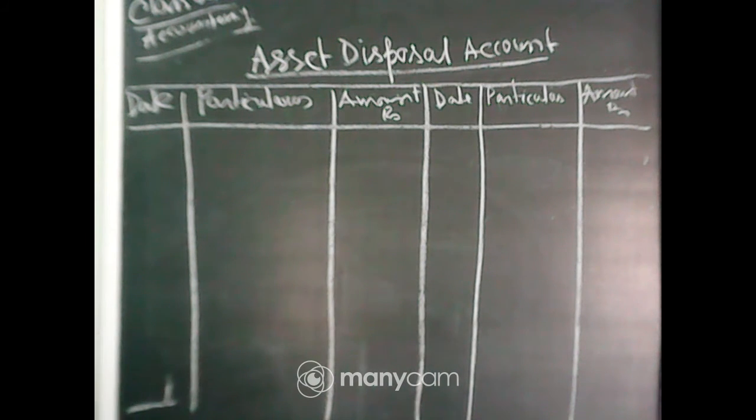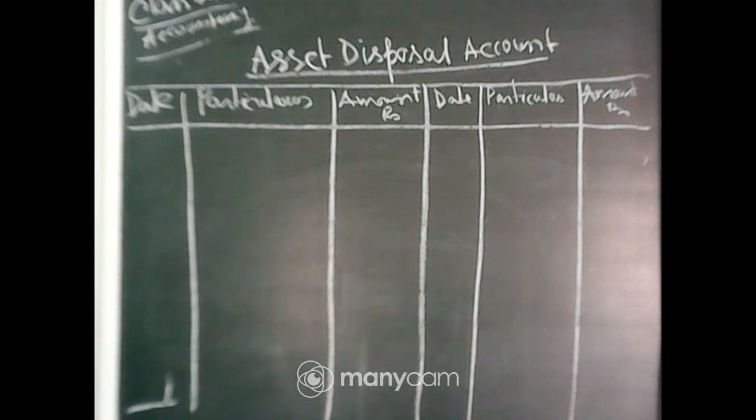Now see what they said. They are saying a part of the machinery which originally cost rupees 2 lakh in 2011 was sold for rupees 75,000 on April 30, 2014. So in which year was the machine purchased?